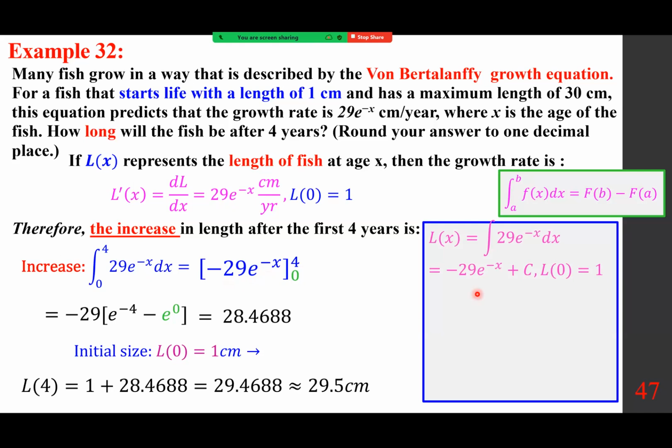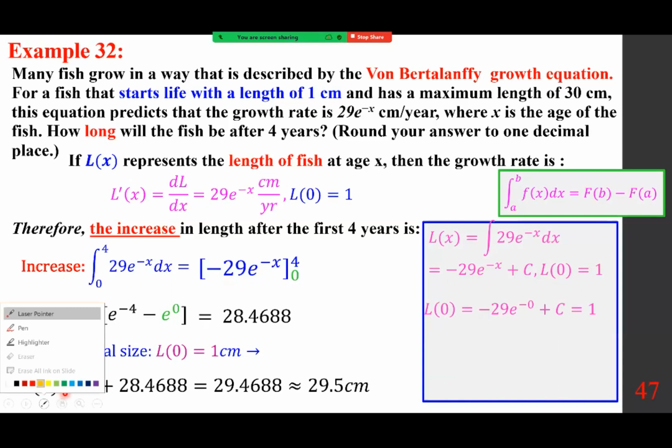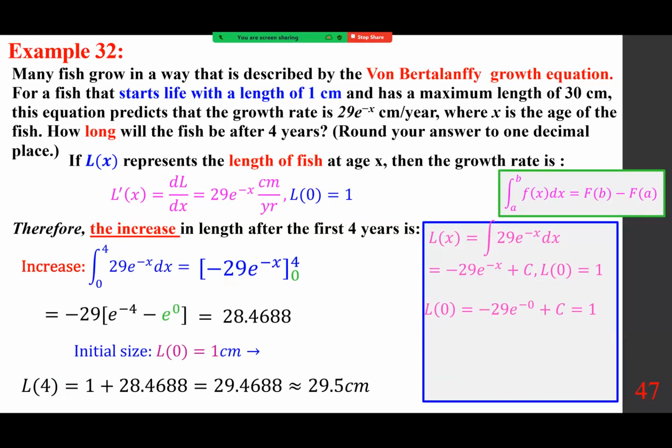So if I plug in 0, L of 0 becomes minus 29 e to the power minus 0 plus c equals 1. And e to the power of minus 0 is 1. So minus 29 plus c equals 1, and c becomes 30. And what do we want?